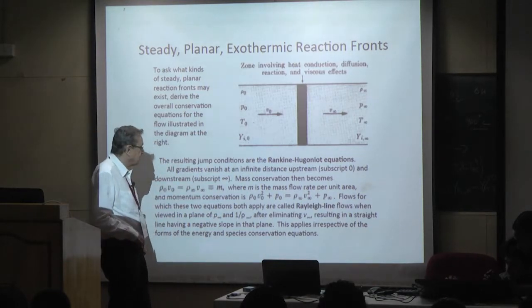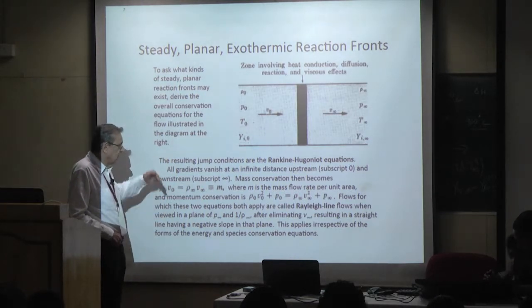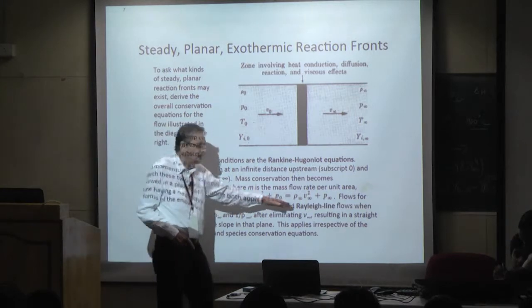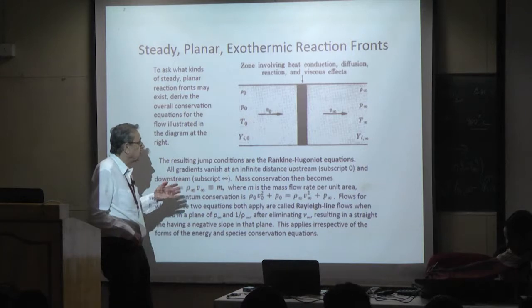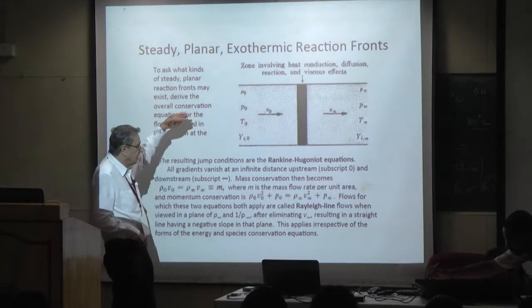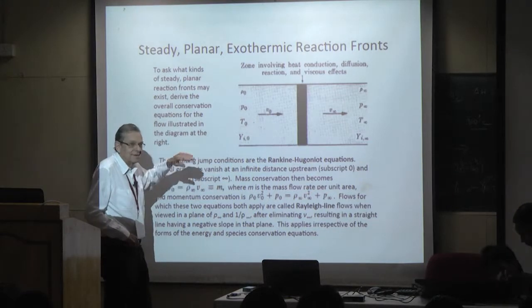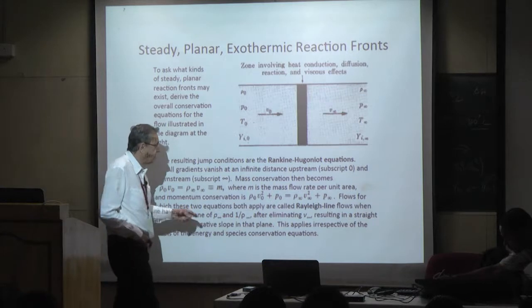And so that line is called the Rayleigh line. It applies to flow with heat addition or heat abstraction, but without viscous effects or heat conduction effects and things like that.